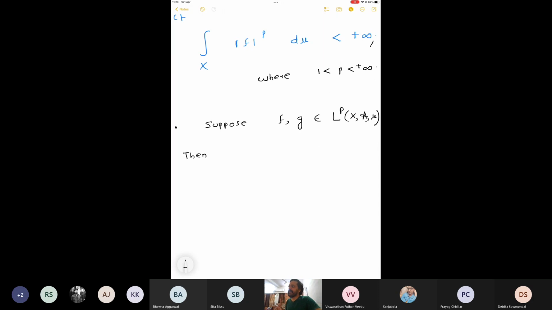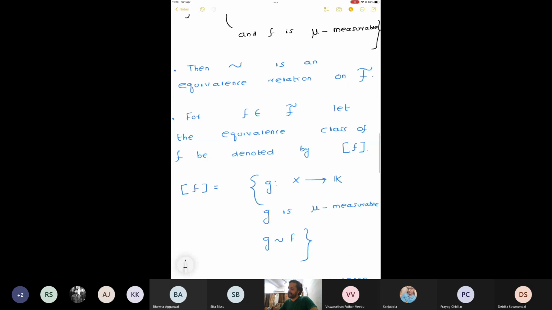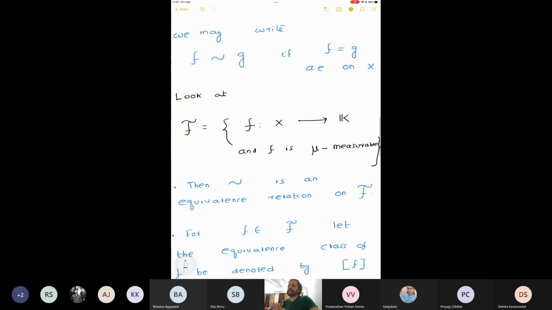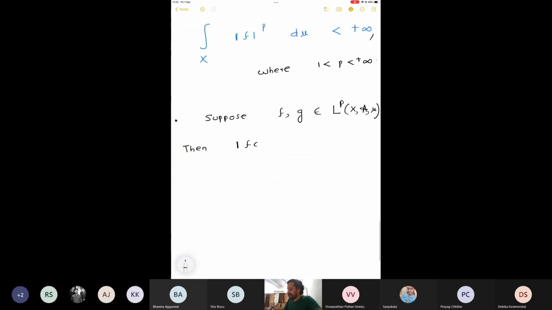We are not considering extended real values. Remember, f is a function from X to K, and K is either R or C. Therefore, mod f(x) and mod g(x) are real numbers for each x in X.